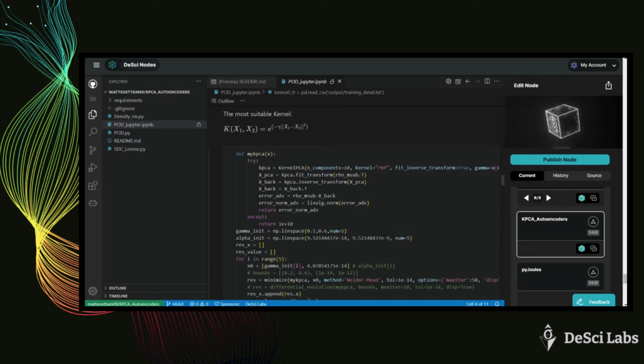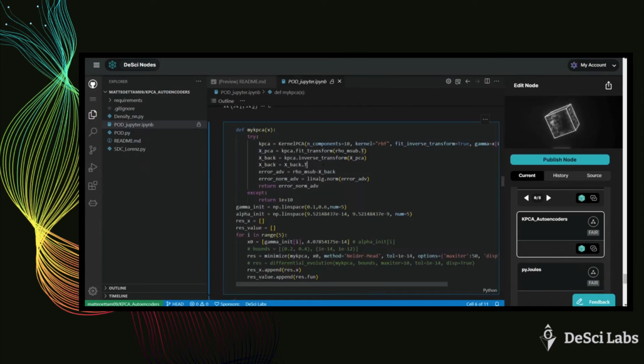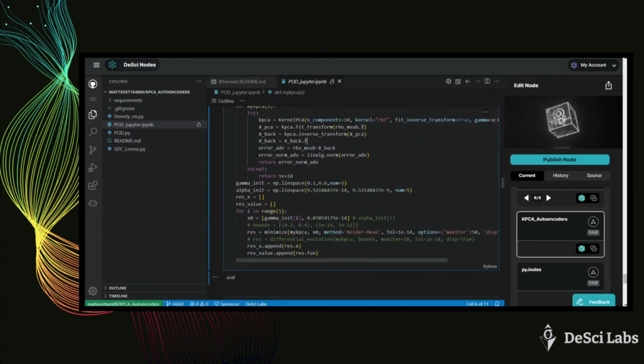And this is the part to find the best value for gamma. There were different methods. At first we tried to optimize both gamma and alpha, but at some point we decided to just optimize gamma, for a number of reasons.